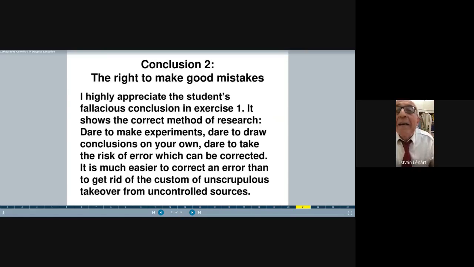I like it if they make a real mistake, which comes from their real thinking. They are happy about this, because this proves that they have the mental courage to struggle with the problem, to take up a mistake, to take up the responsibility for their decisions. I like it very much.